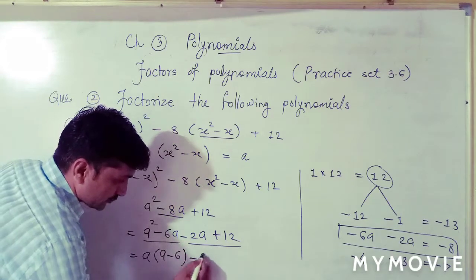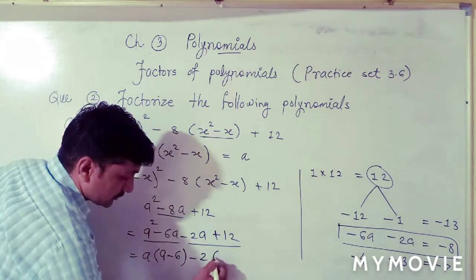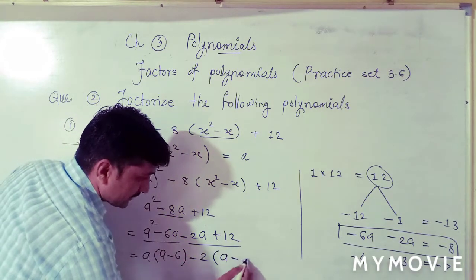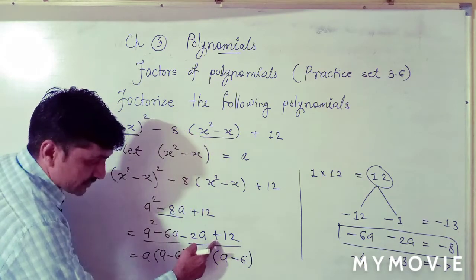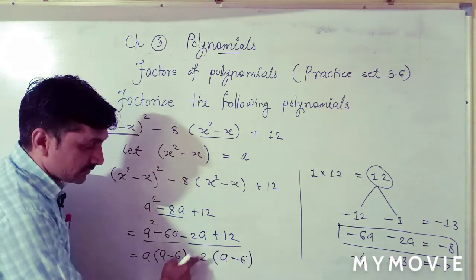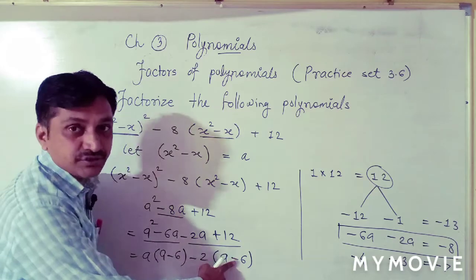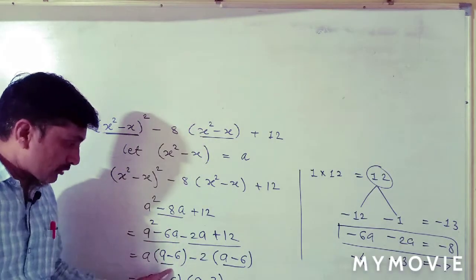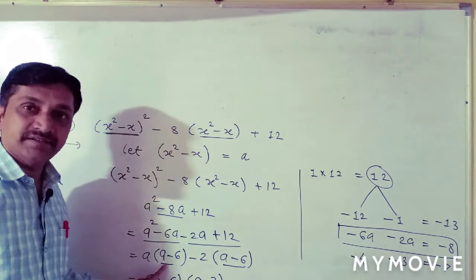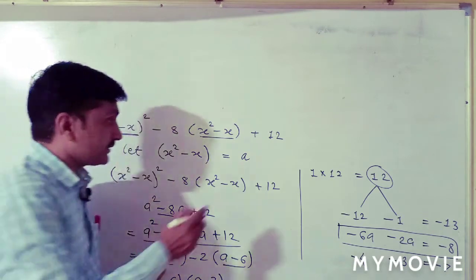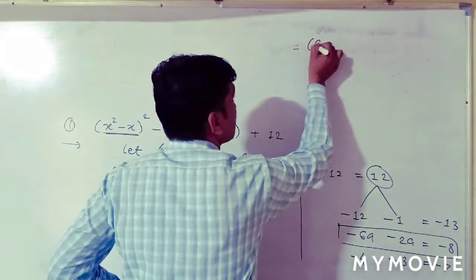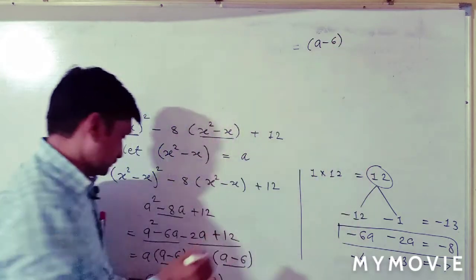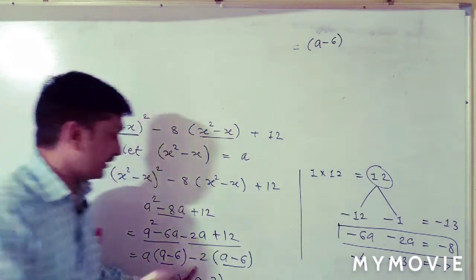Common from here minus 2, in bracket uncommon a minus 6. The sign will change because minus is outside the bracket, that's why this sign will change, opposite. Now after taking common, one bracket is again the same, the common bracket. What is the common bracket? A minus 6 is the common bracket and uncommon a minus 2.